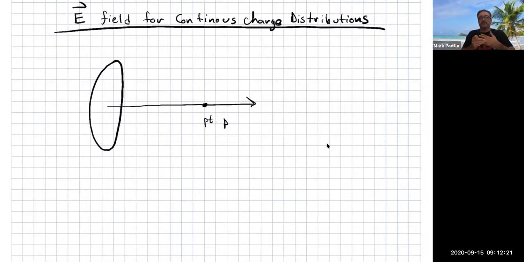So this is the ring sideways. And of course, this ring has a radius A. All right. So this isn't a point charge anymore. This is a ring of charge.